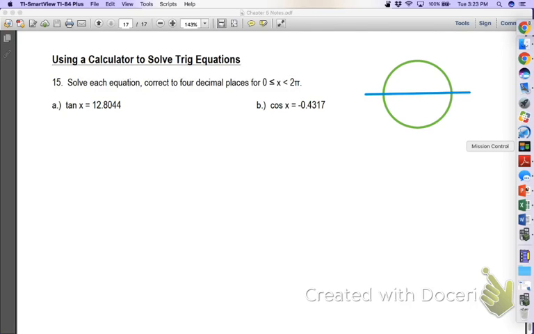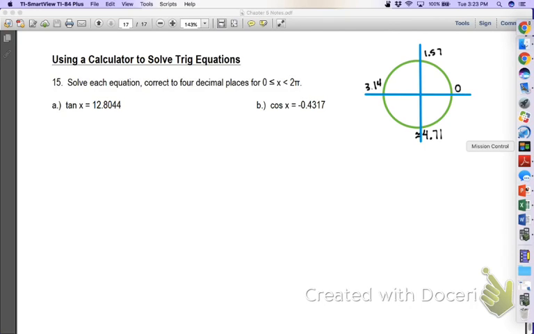So if we would actually draw the unit circle, then we would have 0, about 3.14, about 1.57, and then 3 pi over 2, which is about 4.71.